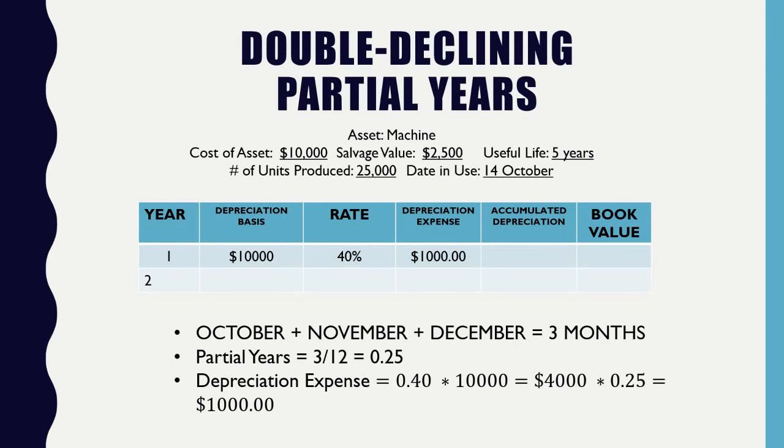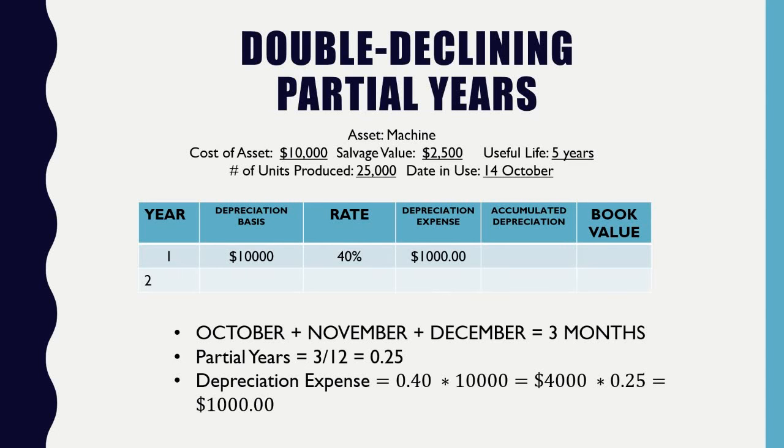We took our depreciation expense and either divided it by 12 and multiplied by 3, or you could just figure out that 3 months out of 12 is equivalent to a quarter of a year, or 1 divided by 4. Then you multiply it across, and you get $1,000 worth of depreciation expense. Does this make sense on how we calculated this?